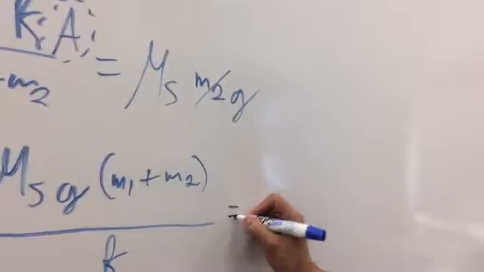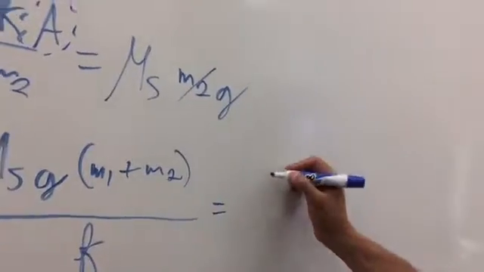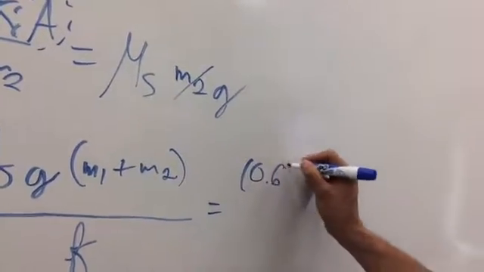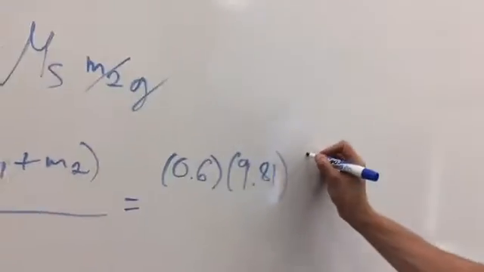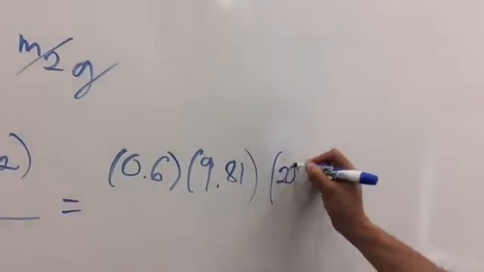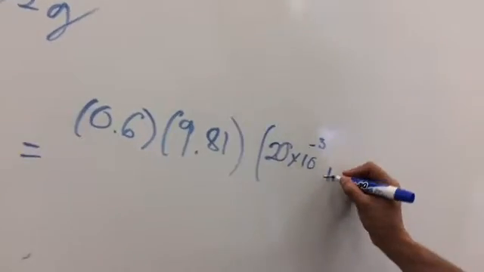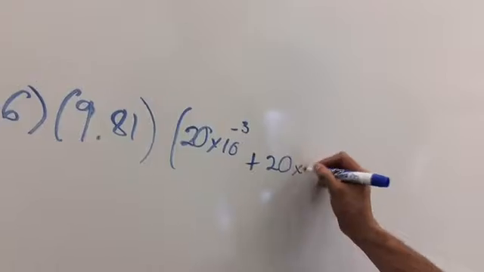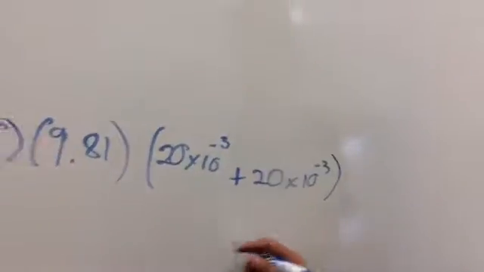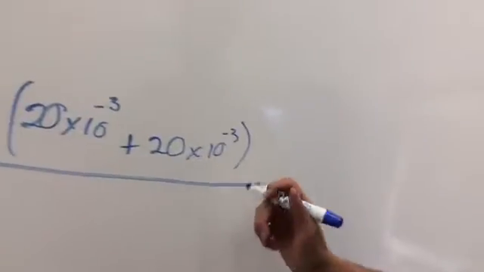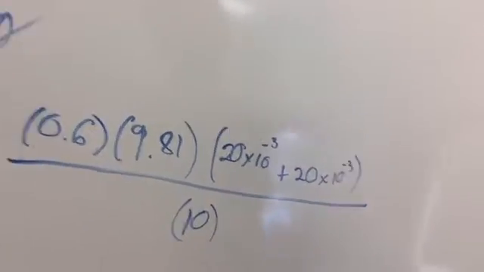As we substitute our values, mu s, given in the problem, is equal to 0.6, times the gravity, times the total mass, which we write in kilograms because it is given in grams, and both have the same mass. All of this is over the constant, which the problem says is equal to 10.